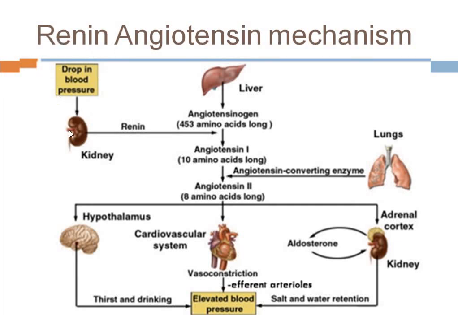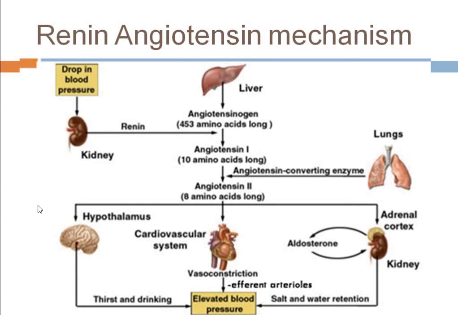It secretes renin, which causes the conversion of angiotensinogen to angiotensin 1. This gets converted by angiotensin converting enzyme to angiotensin 2, which acts by various mechanisms.